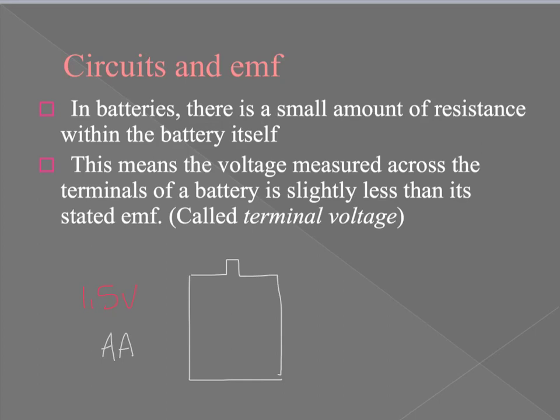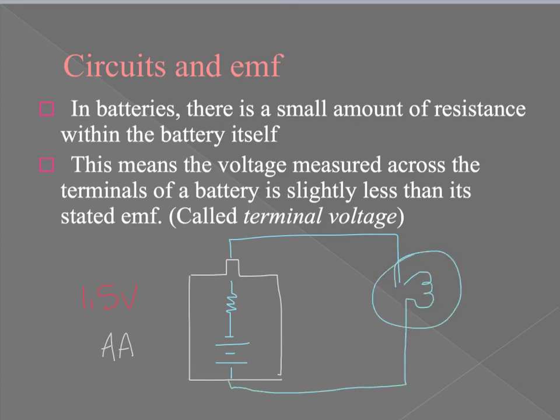But inside the battery, what we really have is, you could imagine another battery inside of it, and then a little bit of resistance. And then this is what actually will connect around to our circuit. And maybe we're connecting a light bulb. We haven't drawn any of those. And this has a resistance as well.